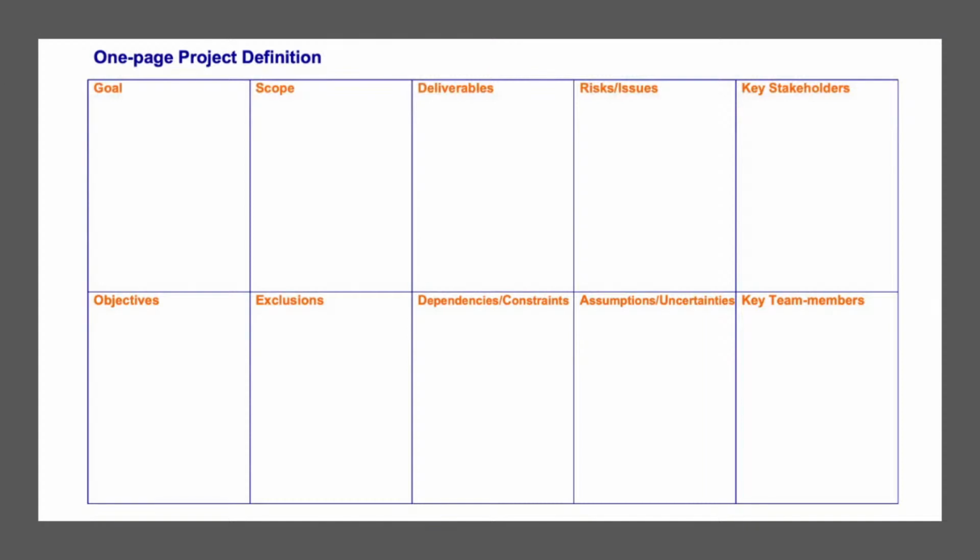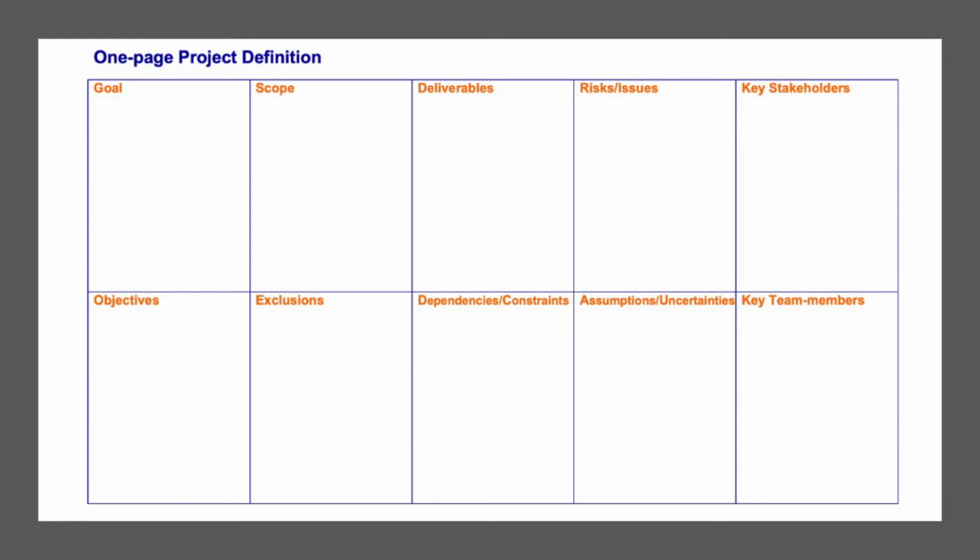So what you can see on the screen now is the basic template that we're going to use. This is a 5-box template that will allow us to see all the different components of an effective project definition.